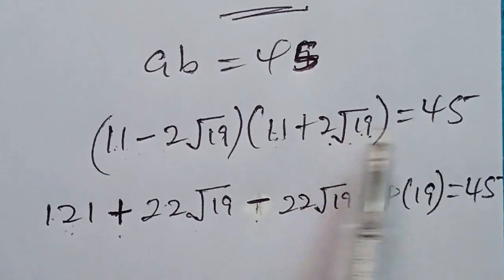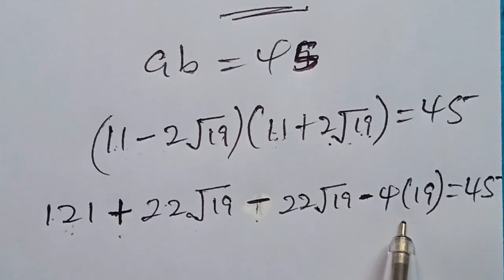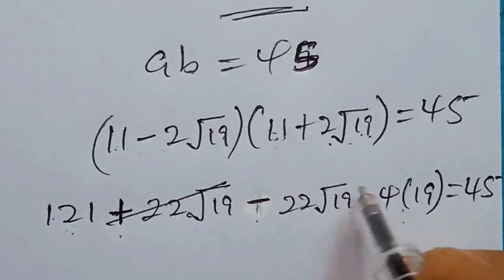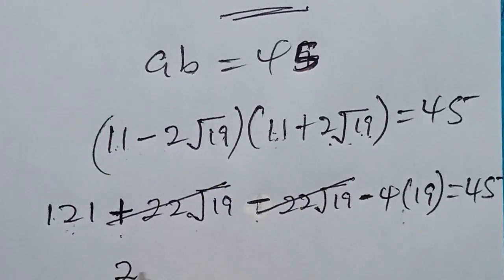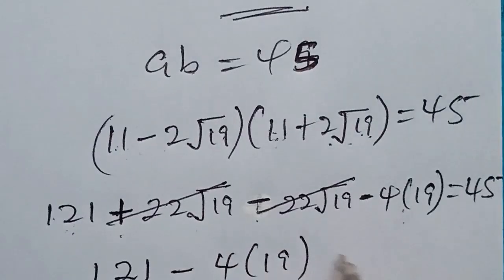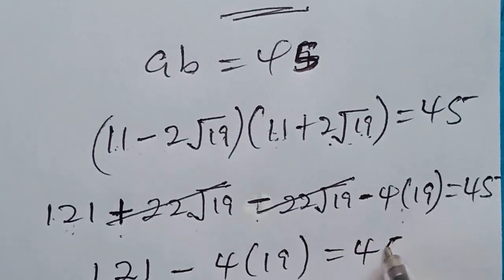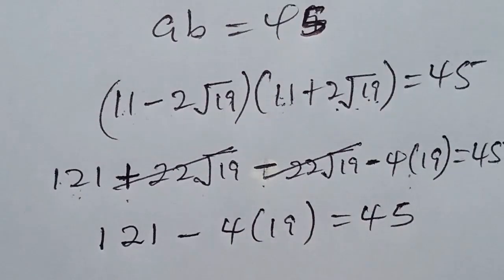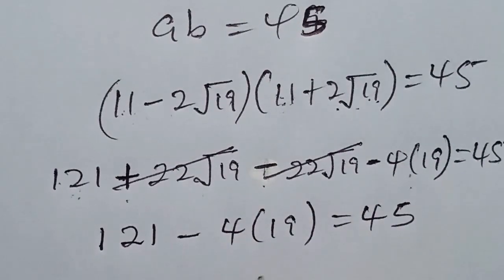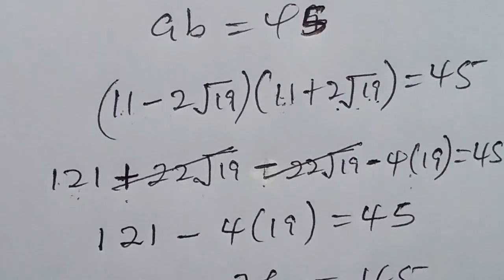If we expand this, the cross terms cancel out. So we are left with 121 minus 4 into bracket 19 equal to 45. So 4 multiplied by 19 gives us 76.